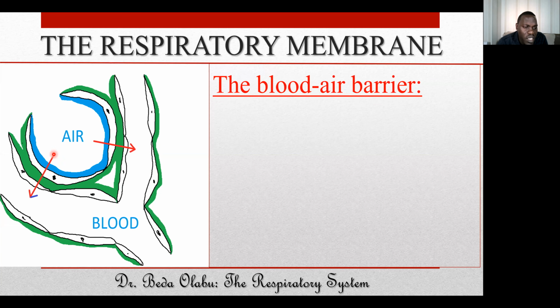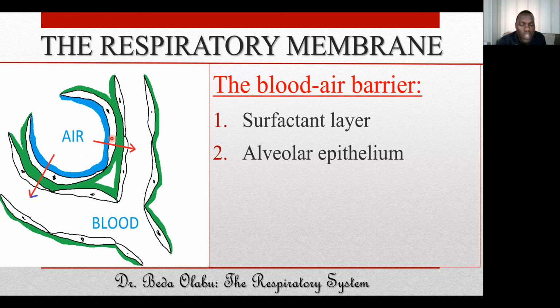So which structures will oxygen go through from the alveolus to the blood? The first one would be the surfactant layer, the one in blue. After that, oxygen will diffuse through the alveolar epithelium, which is basically pneumocyte type 1.